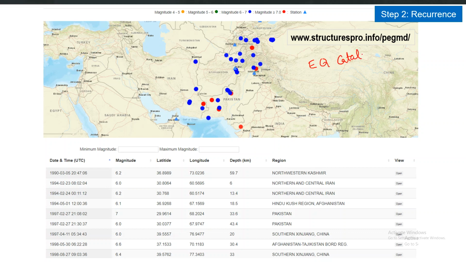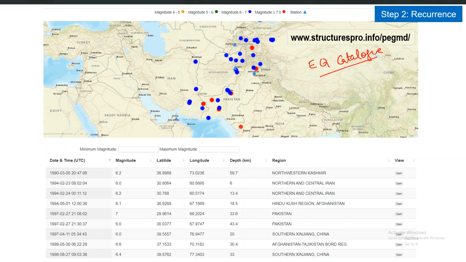So the earthquake catalog is a comprehensive list which will become the basis of your hazard assessment, and it should be a reliable list. It should be developed with care, with careful investigation and scrutiny of all the historical records and instrumental records and some information from the paleoseismic investigation.